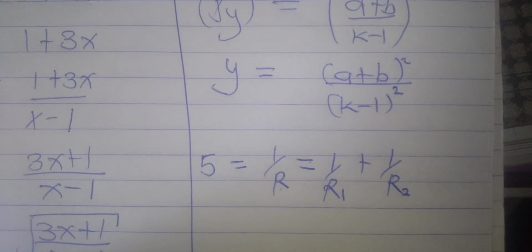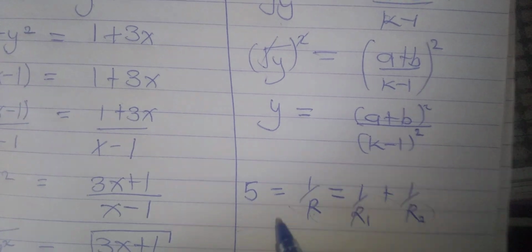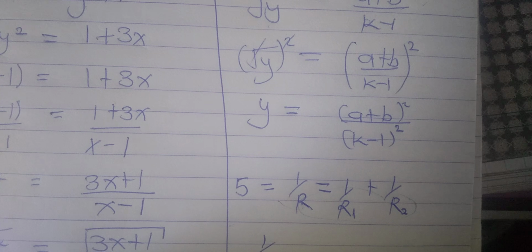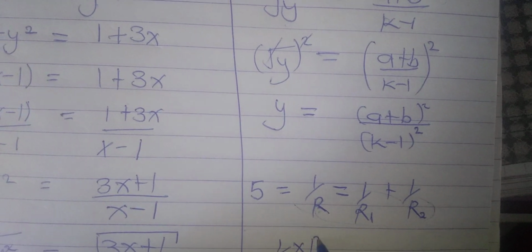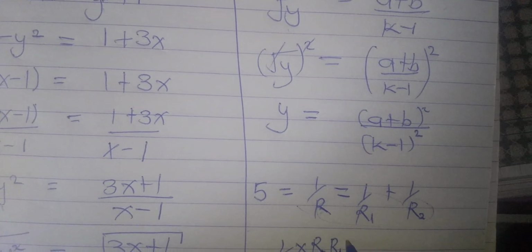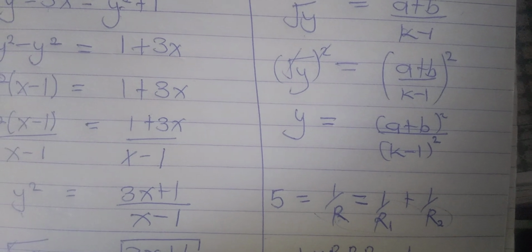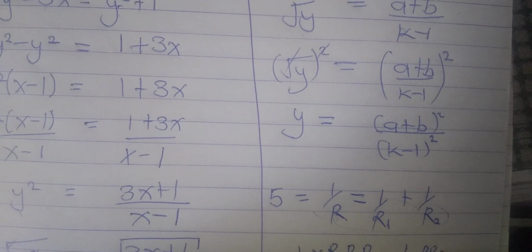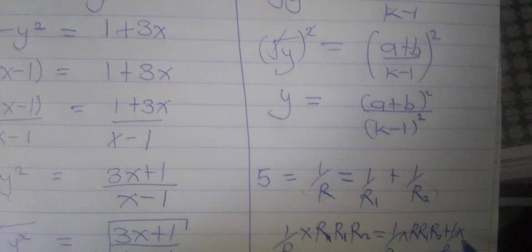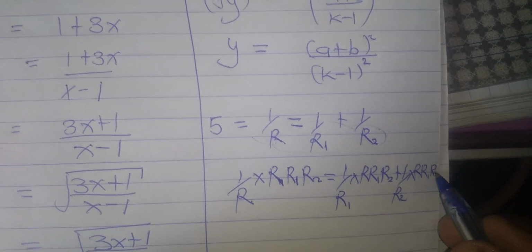So what we shall do, we shall cross multiply. To get the LCM, we cross multiply it up. So the LCM will be r times r1 times r2. So multiply the LCM throughout: times r1 r2 equals 1 over r1 times r1 r2 plus 1 over r2 times r1 r2.